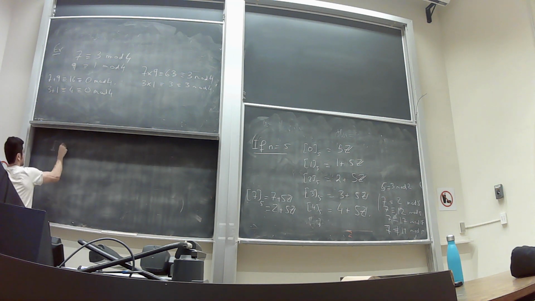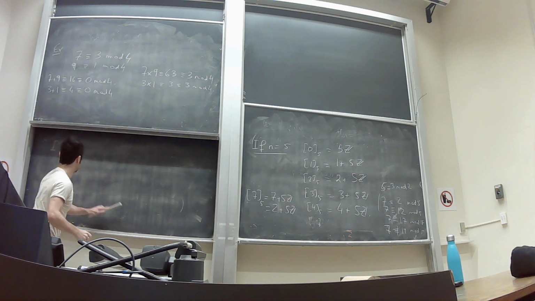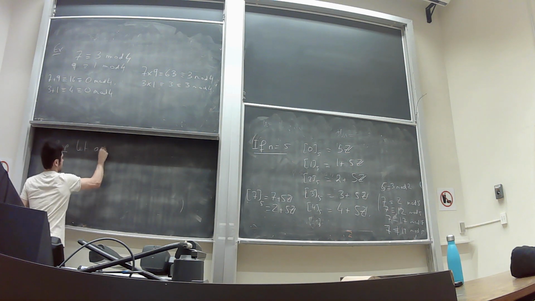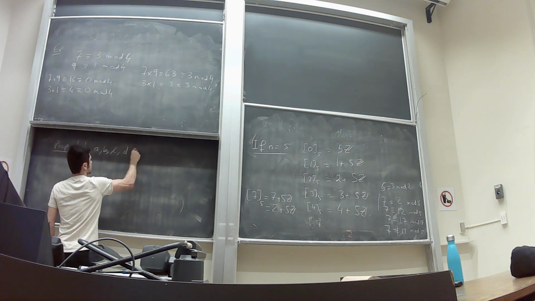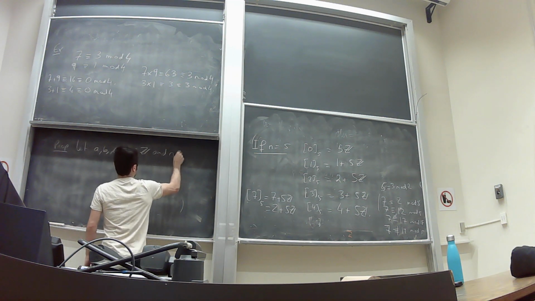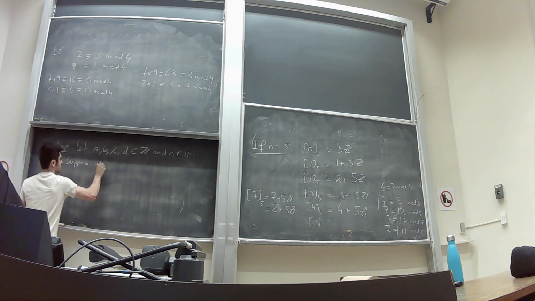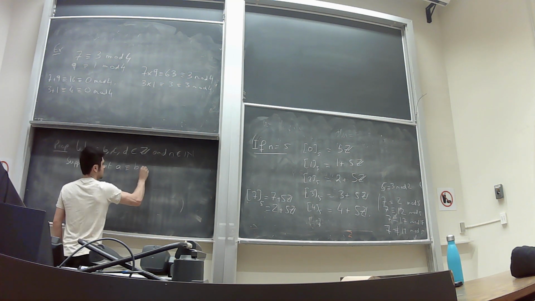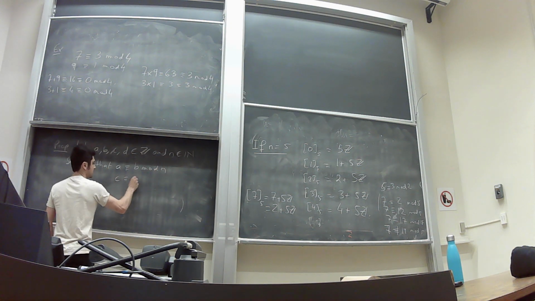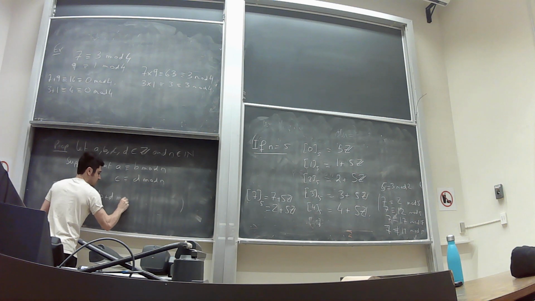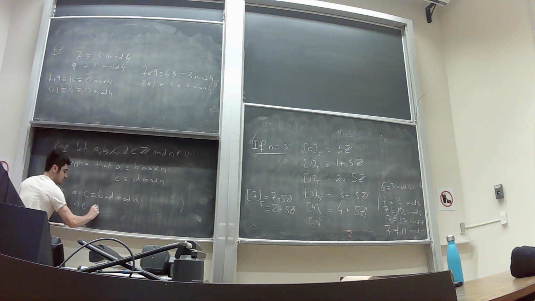Let A, B, C, D be in Z, and N in N. Suppose that A is congruent to B mod N, and C is congruent to D mod N. Then A plus C is congruent to B plus D mod N, and AC is congruent to BD mod N.